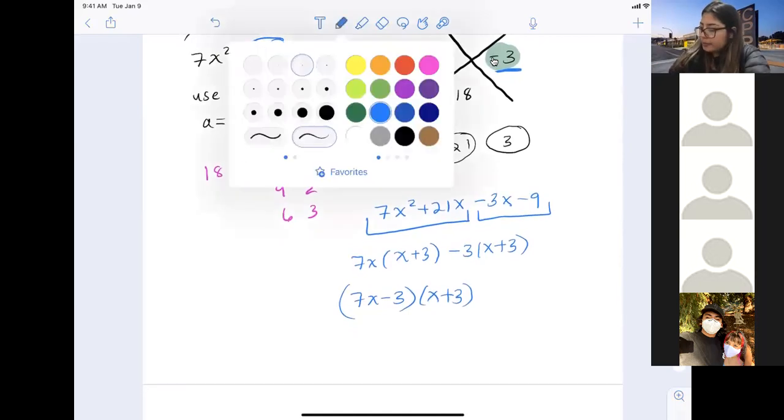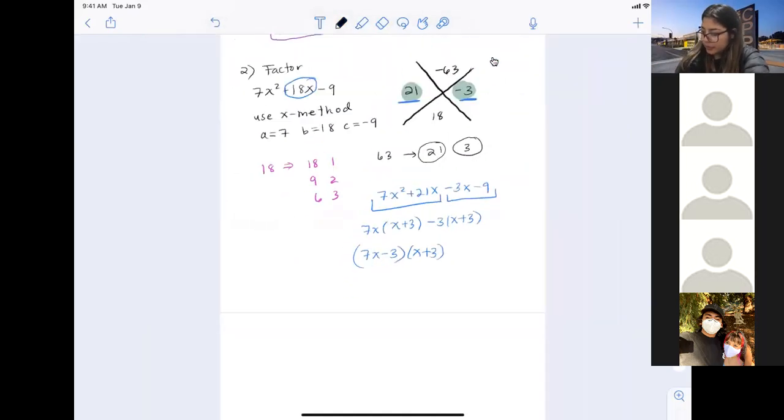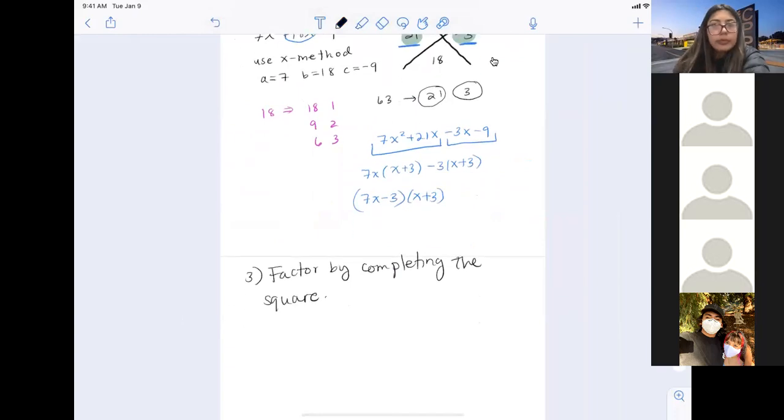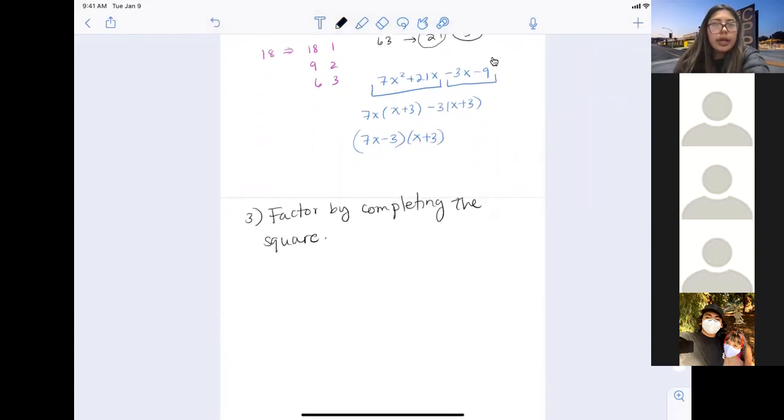Completing the square. Number 3. Factor by completing the square. This is very common. So here they're asking you to first factor.